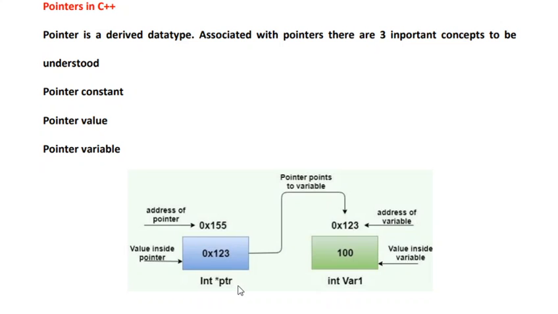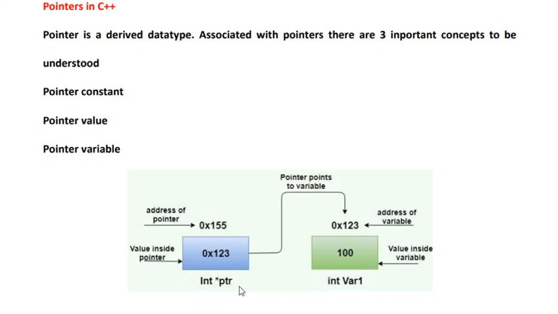So here ptr is a pointer variable that is capable of pointing to a variable of type integer. So here int star ptr does not mean that ptr is of type integer. It implies ptr is a pointer that is capable of pointing to a variable of type integer, which means here 2 bytes of memory is not allocated to ptr.